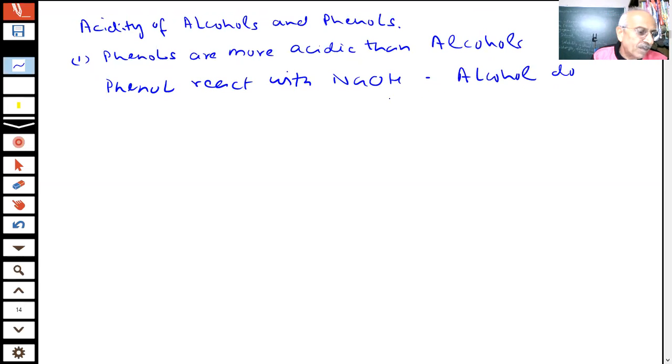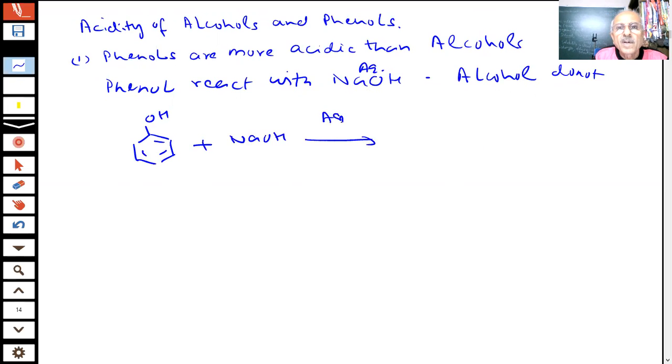Alcohols are not strong acids, alright? They do not react with aqueous NaOH. So this becomes a difference between the two. For example, if I have phenol OH and react with aqueous NaOH, what is the result?